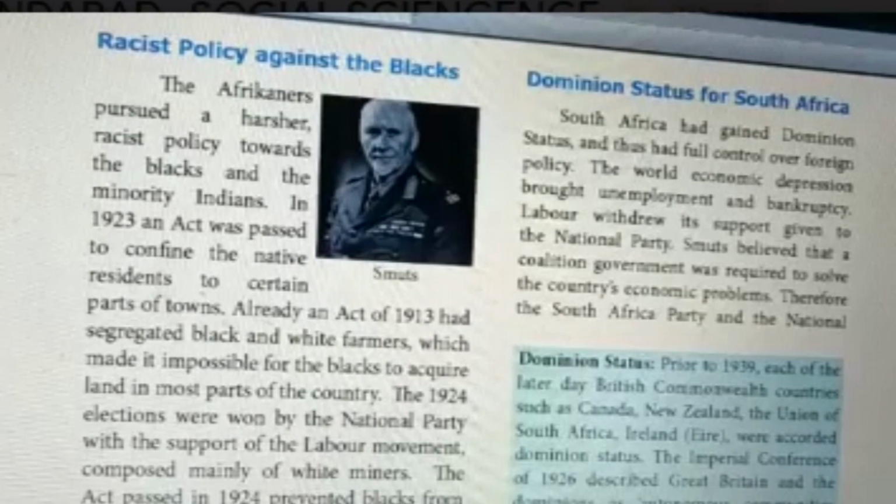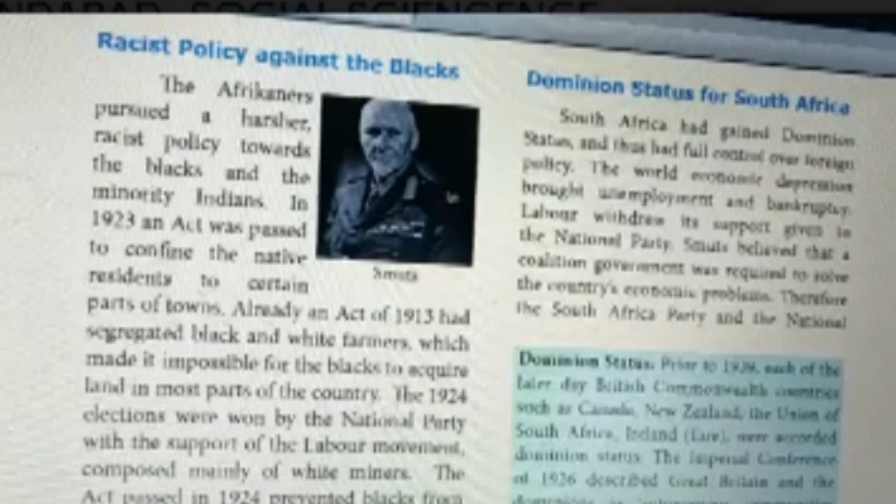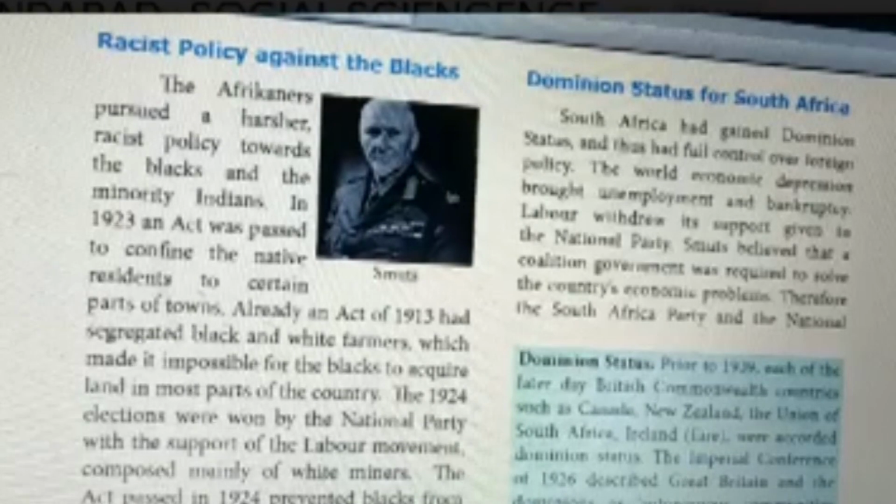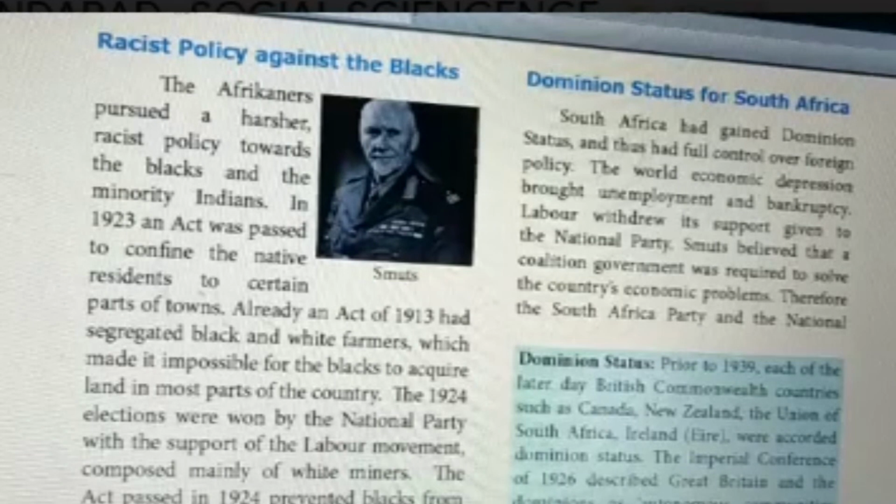The racist policy against blacks. The Afrikaners were harsher in their racist policy towards the blacks and minority Indians. In 1923, an act was passed to confine natives' residence to certain parts of towns, and then in 1913 an act was passed that segregated black and white farmers from farming together in the same place.